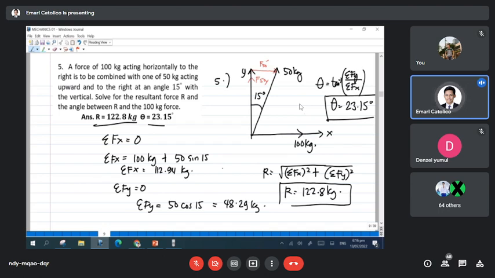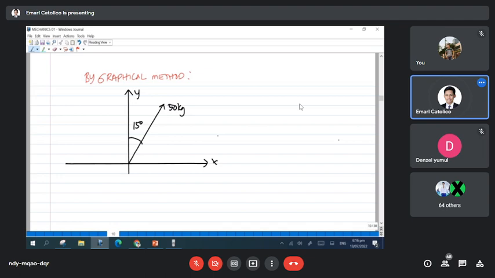Itong pa-right na to, dito na lang natin siya ilagay. Tapos, yung magko-connect na line, since polygon method nga ito, or graphical method, yun yung magiging resultant mo. Yan yung R mo. Itong na-form na to, yan yung angle ng ating resultant.